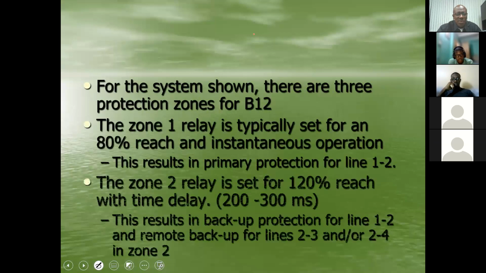You guys scaring me. Anyway, so in terms of their operations, for your zone 1 setting, it is usually 80% reach, and it carries an instantaneous operation. In JPSCO, they use 90%. All right, but I have to prepare you so that when you go elsewhere and you see the 80%, you at least can appreciate it.